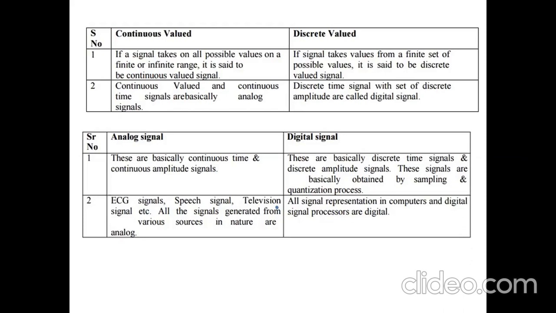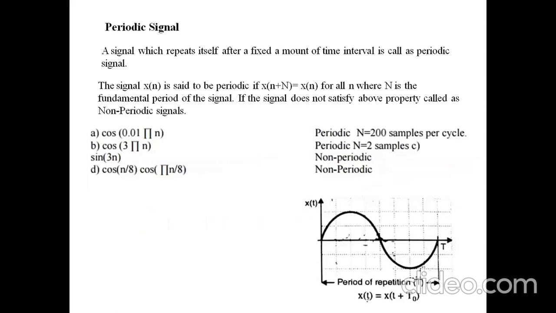Now, periodic signal. A signal which repeats itself after a fixed amount of time interval is called a periodic signal. Here, a wave is shown. The x-axis is represented by t and the y-axis by x of t, and a sinusoidal wave is shown.